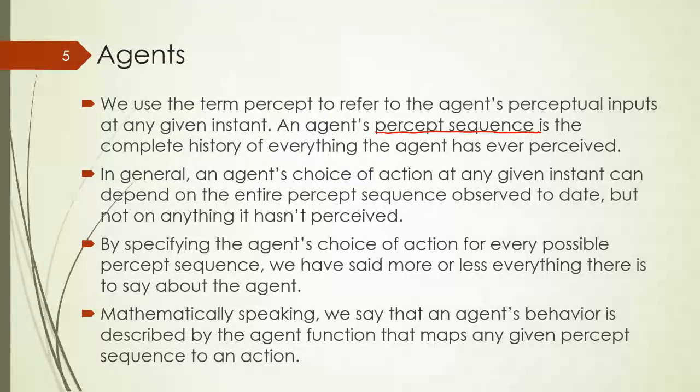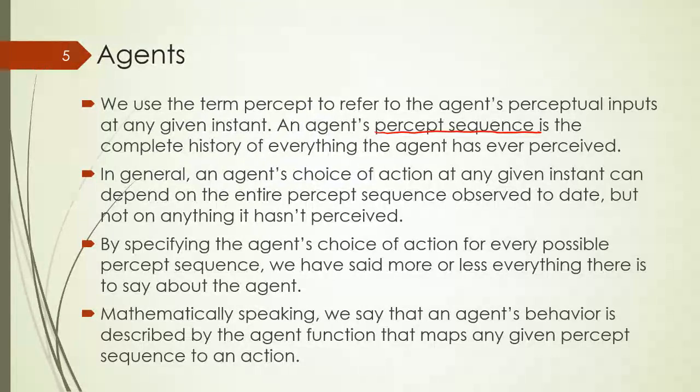In general, an agent's choice of action at any given instant can depend on the entire percept sequence observed to date, but not on anything it hasn't perceived. If you remember our definition in the first chapter, knowledge is based on what we perceive. So our agent, based on the inputs it receives, can make decisions.